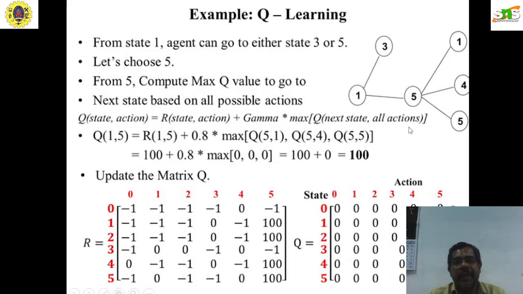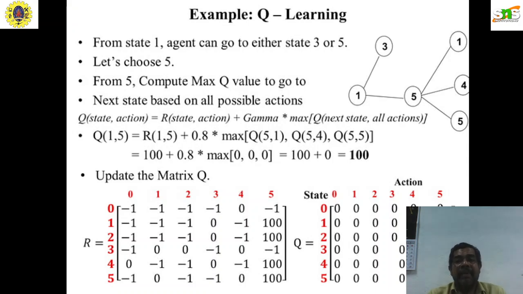These are the three possibilities from 5. According to the matrix, it is 100 plus 0.8 multiplied with the max of 0, 0, 0. Because there is no way, 100 plus 0 equals 100.